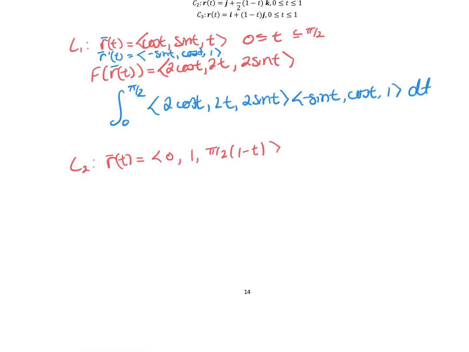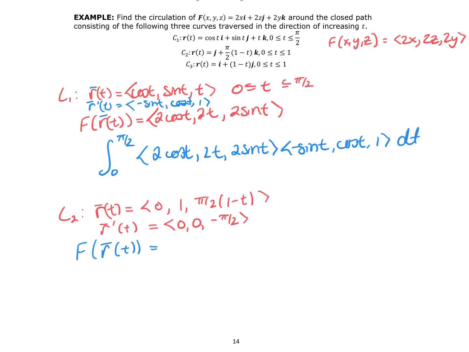So then I would do my F of r of t. Don't forget my derivative, r prime of t, which is going to give me 0, 0, and negative pi halves. When I do this replacement, my x is 0, so this will be 2 multiplied by 0. My middle piece is 2z, so this will be pi divided by 2 times 1 minus t, and don't forget to multiply that by 2.